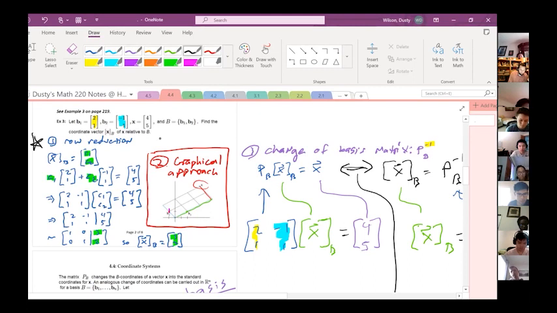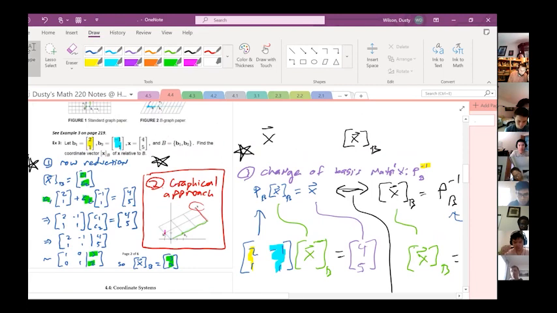We did it a second time, answering the same question graphically. And we did it a third time using a change of basis matrix. So we were starting with some vector X, and we want to know how to write that vector X with respect to the new basis B, so it's B coordinates, so to speak.